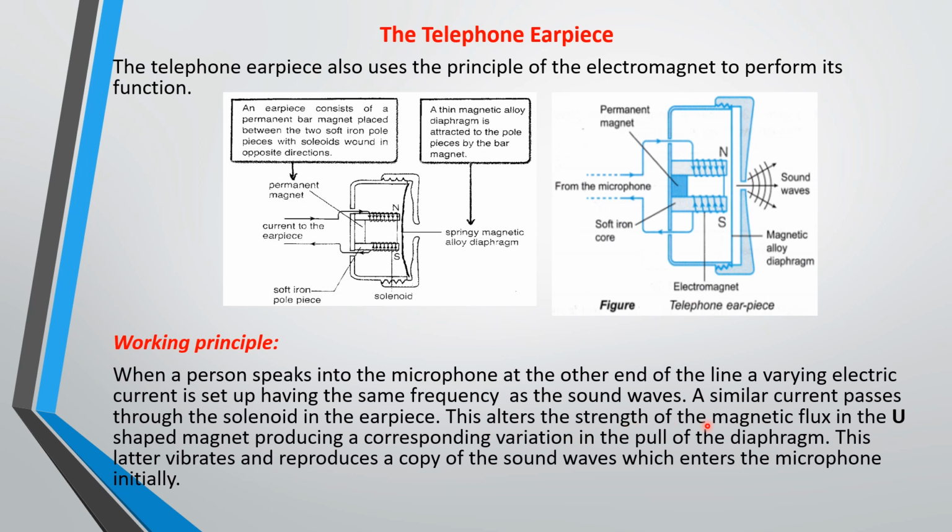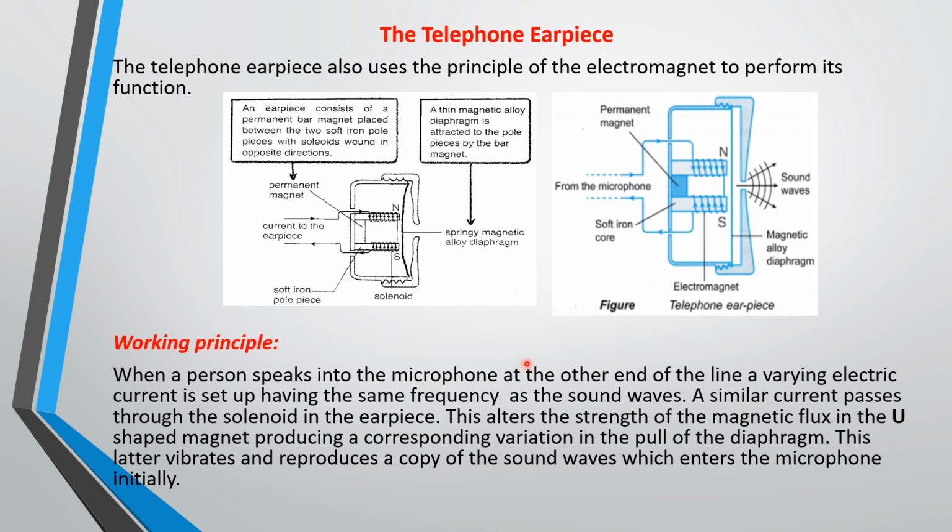This alters the strength of the magnetic flux in the U-shaped magnet, producing a corresponding variation in the pull on the diaphragm. The diaphragm then vibrates and reproduces a copy of the sound waves which entered the microphone initially. Alright, so that is the working principle of the telephone earpiece.